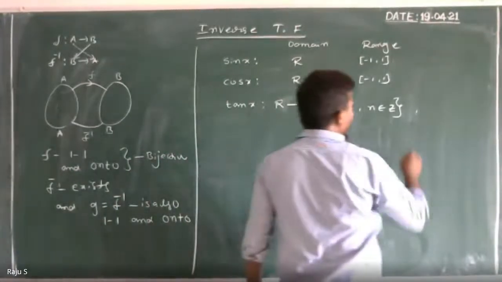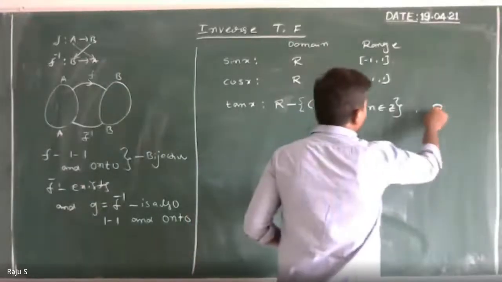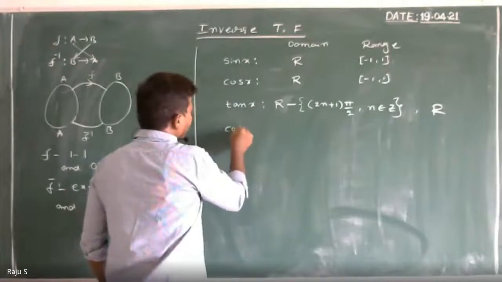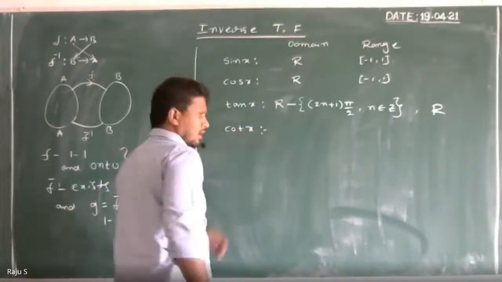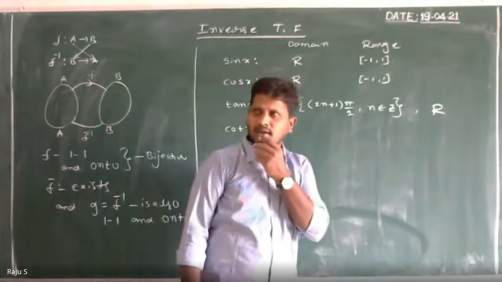So what about the range here? The range is all real numbers. Then what about cot x? In the same way, what is cot 0? Cot 180?